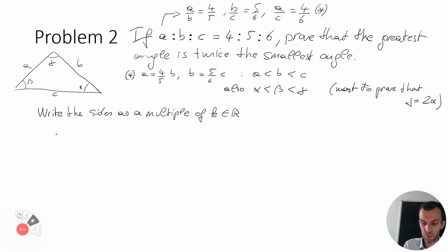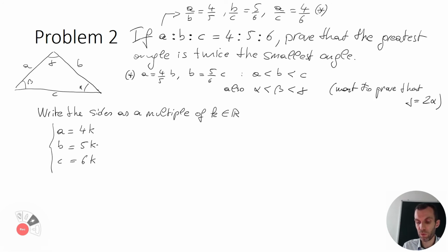So let me show you what I mean by that. I can write A equals 4 times k, B equals 5 times k, C equals 6 times k. And I don't know k, but if I change k, what I do is I expand the triangle and contract it, but I don't change the angles.